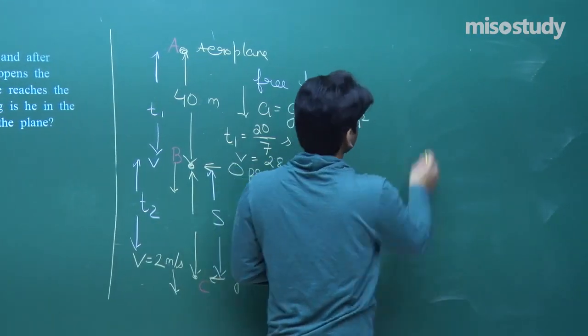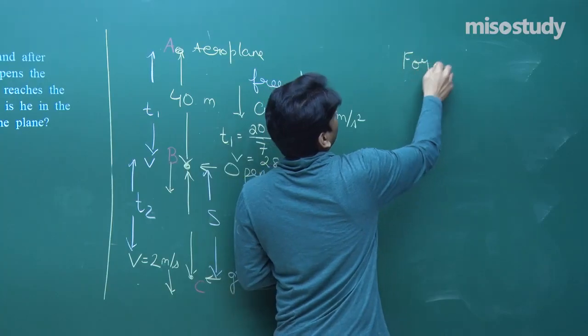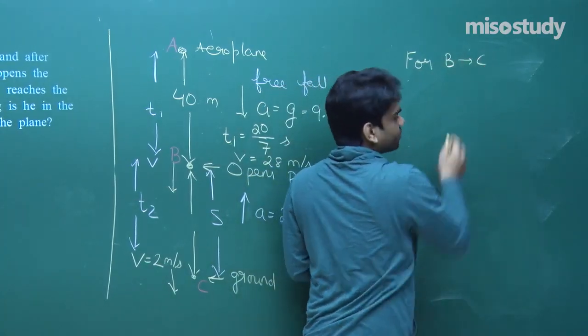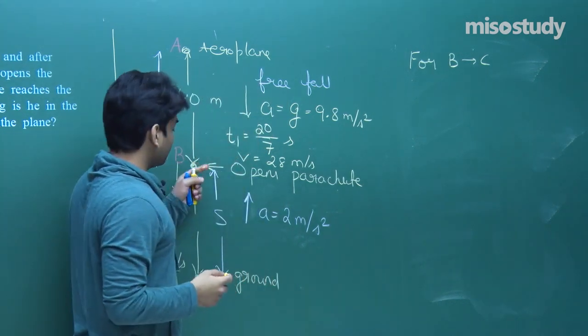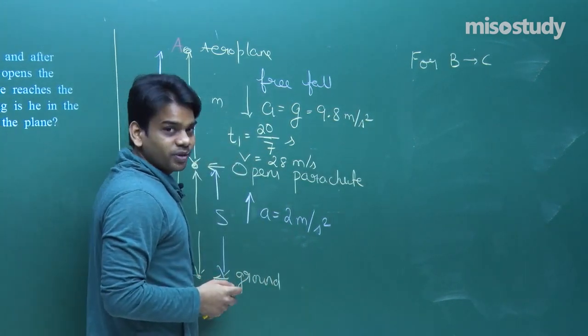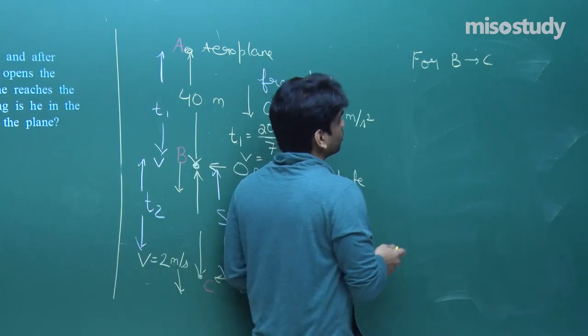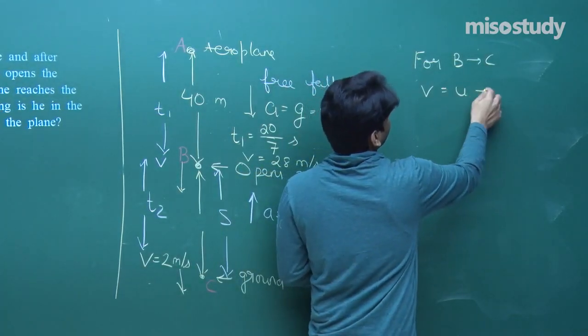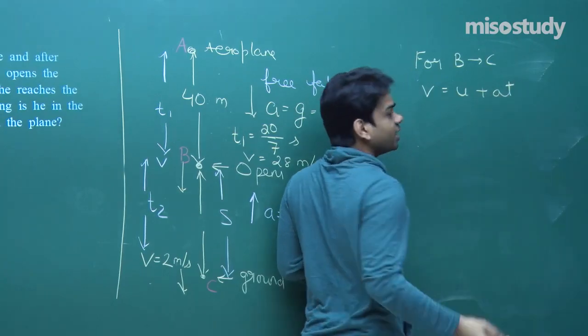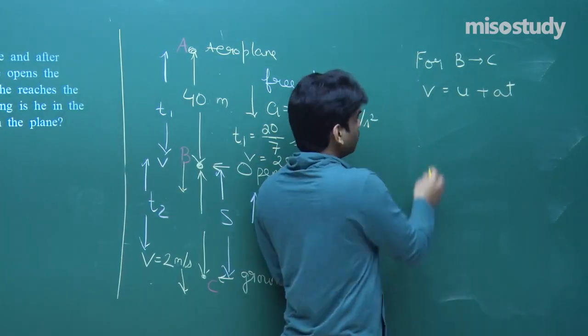So for B to C we need to find out what is the time taken. We know the value of velocity here, and we know the value of deceleration also. So we can use V equals U plus at. Final velocity in the downward direction is given as 2.